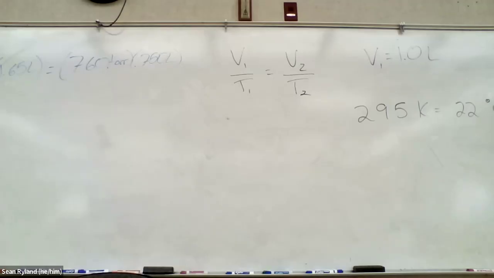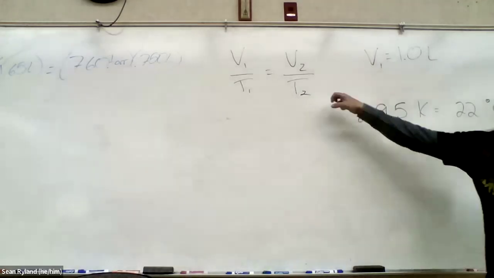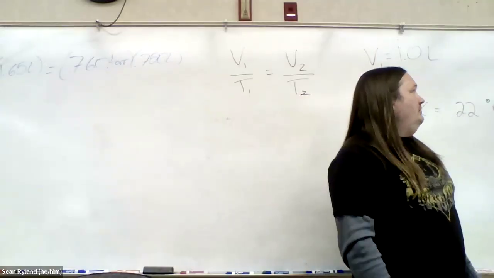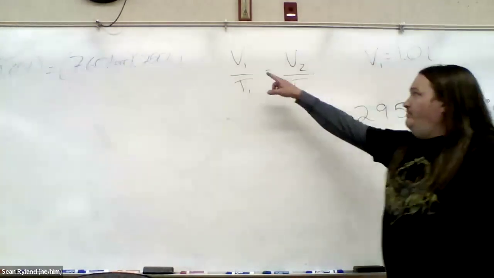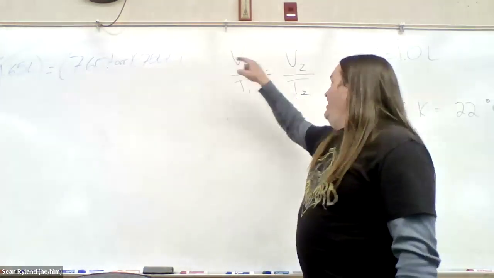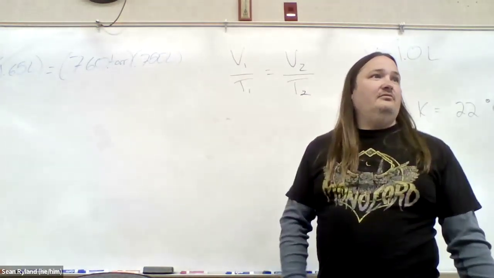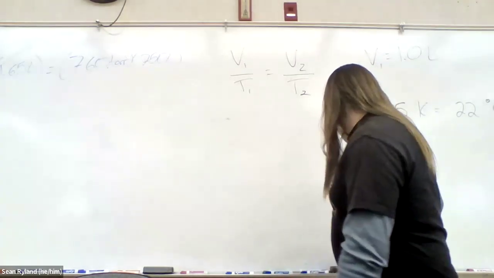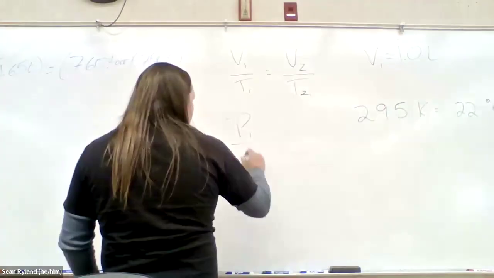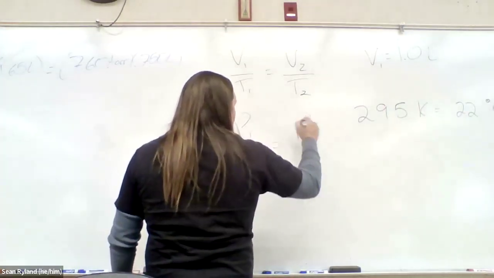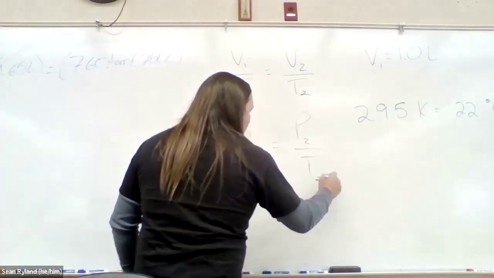You basically do a quick substitution and get the pressure version of the same equation. So all you're doing is swapping out pressure for volume in each of these. So P1 T1 equals P2 T2.